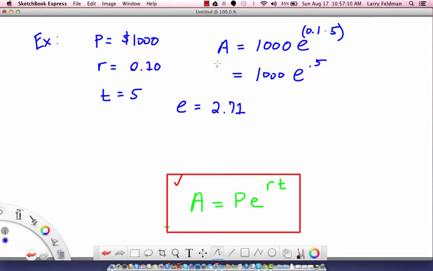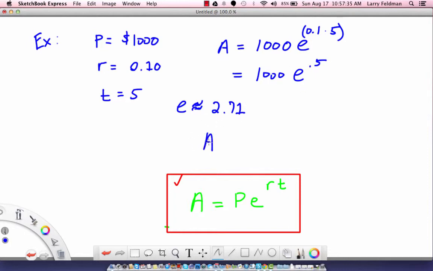And with the knowledge that e is approximately 2.71, let me just use these squiggly lines here. Approximately 2.71 on your calculator. Since you have an e button, you probably want to use the e button. If you don't have an e button, then just use 2.71.